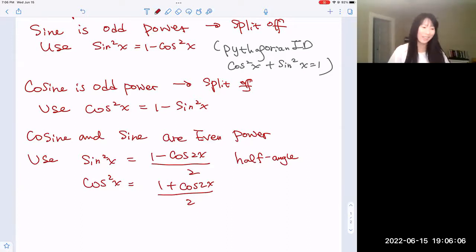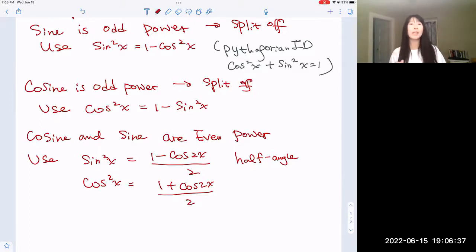All right. Okay, I want to focus on our section, which is Calculus 2, trigonometric integrals. So we are using this one. For now, if there is more than this, I'm going to explain more. Okay. Sine is an odd power, we split off. We don't know how to split off yet, but we have to use sine squared x, which equals 1 minus cosine squared x.